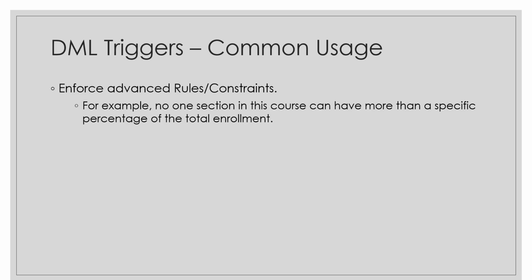Because in an insert or in an update, even in a delete, well, you wouldn't be too worried about a delete, most likely. But you could count the total number of students with a select query, check how many are in the section that you're modifying because you're adding a student to a section, things like that, and determine if you're breaking this rule and roll back the transaction if you are.